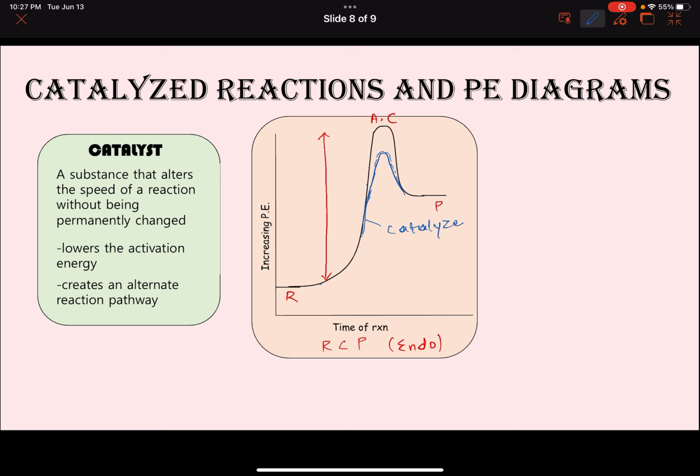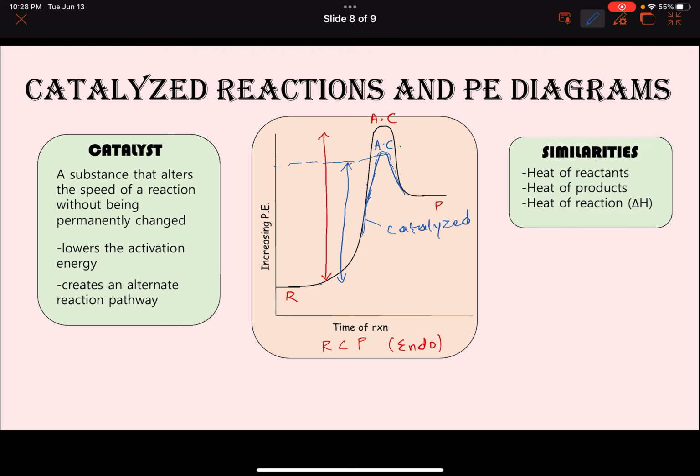Because it has lowered the activation energy, instead of absorbing all of that energy, the reactants only need to absorb this much to reach the activated complex, because your new activated complex is here, and then it can convert to products quicker than the previous path.